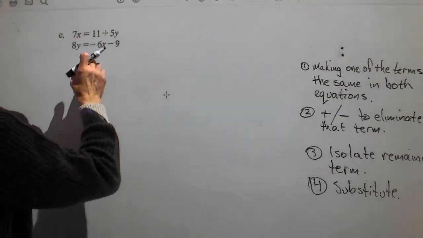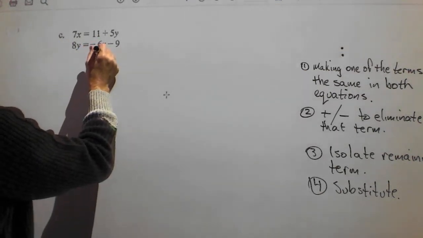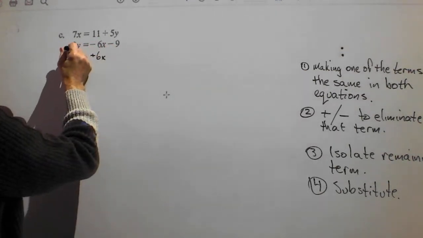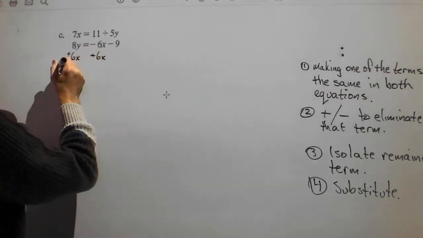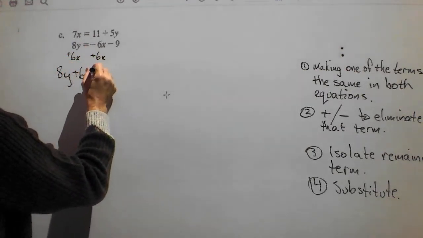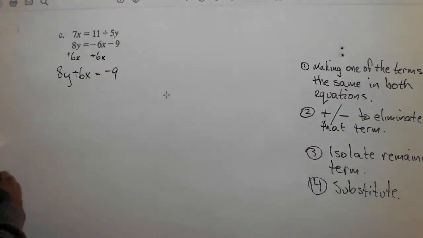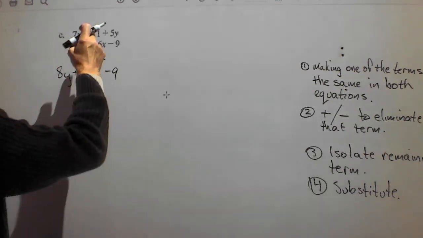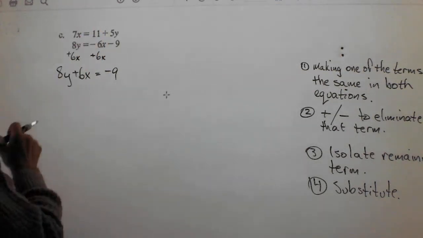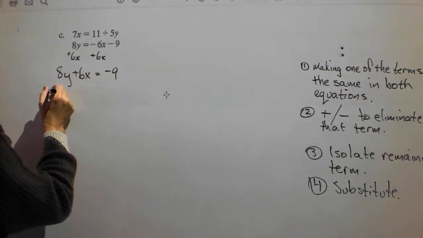To get the x on the left, we simply add 6x to both sides. That will give us 8y plus 6x equals negative 9. Okay, we're partway there. We want it to look like the one up top, so now we have to move the y over to the other side.